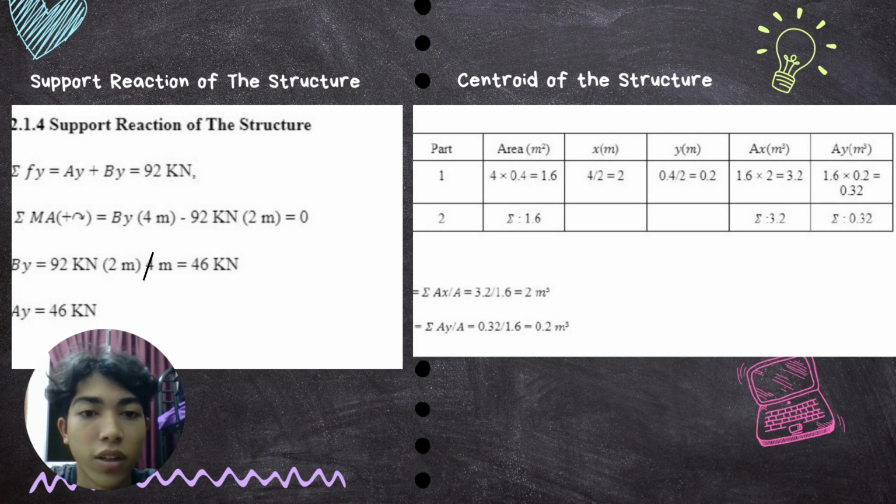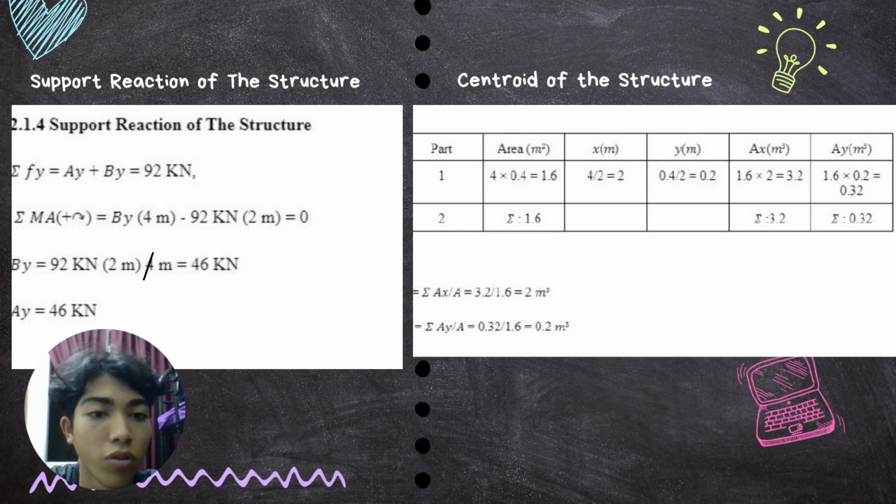For the centroid of the structure, there are two parts. Part one is area, 4 multiply 0.4 equals 1.6. So the summation is 1.6. x is 4 divided by 2 equals 2, y is 0.4 divided by 2 equals 0.2.